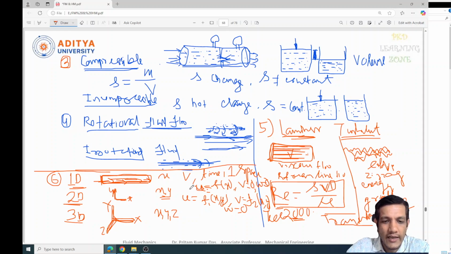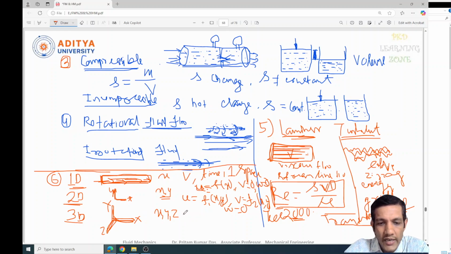Similarly in the 3D, again the velocity is a function of time, and all directions are mutually perpendicular, like x is perpendicular to y, z is perpendicular to y, y is perpendicular to x and z. So all are mutually perpendicular to each other, and for three-dimensional flow the fluid parameters are a function of three space coordinates.